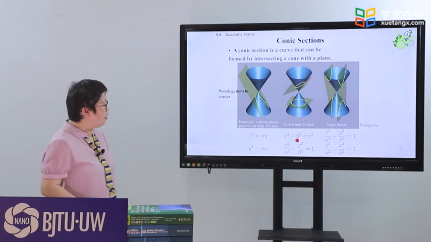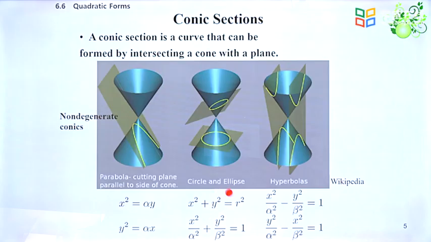The equation for the circle is x power 2 plus y power 2 equals r power 2, the standard form of a circle. And this one, x power 2 divided by alpha power 2 plus y power 2 divided by beta power 2 equals 1, is an ellipse where alpha does not equal beta.